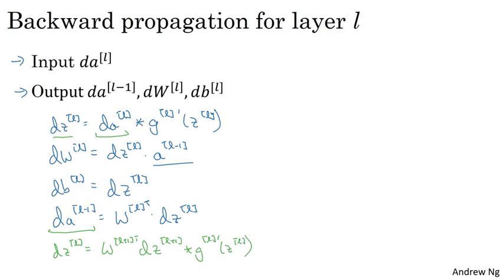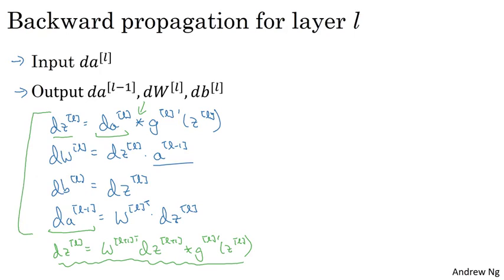I know this looks like a lot of algebra. You could double check for yourself that this is the equation we had written down for backpropagation last week when we were doing a neural network with just a single hidden layer. And as a reminder, this times is an element-wise product.